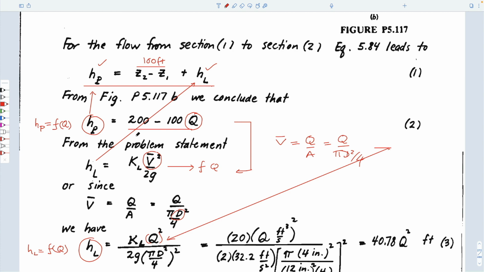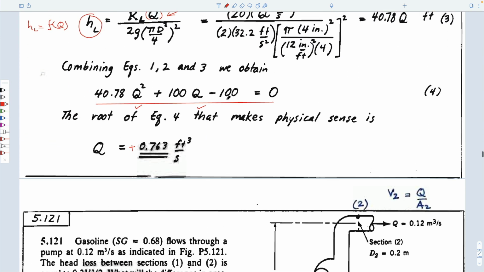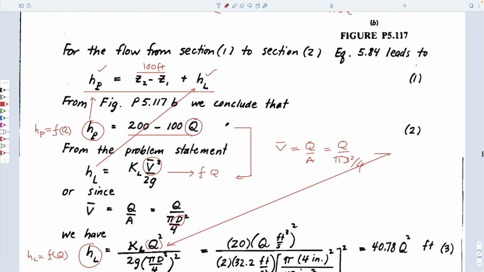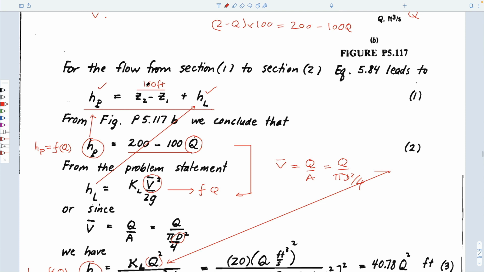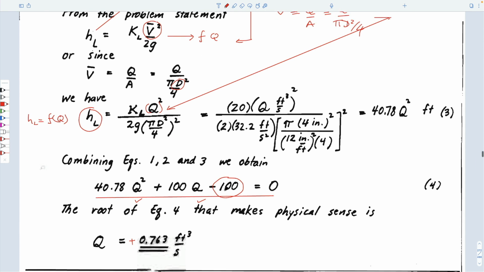And I suppose this 100 here is probably equal to 200 minus 100, right? You have 100 here. You're going to have 200 minus 100 Q instead of this. And so this 200 and this 100 together will conspire to give you this remaining 100, I guess. Right? So, yeah.